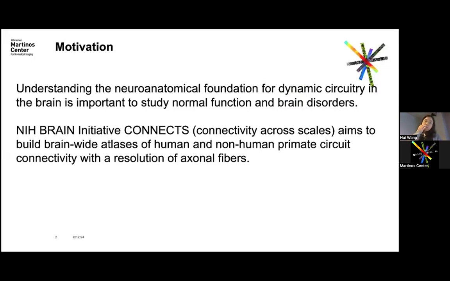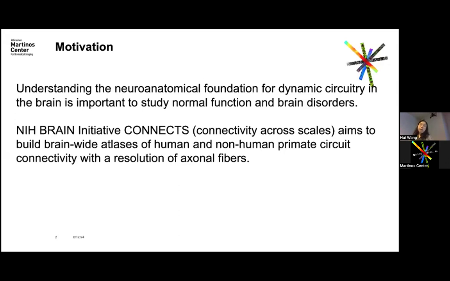Okay, so we all know at the center that understanding the neuroanatomical foundations for the circuitry is very important. It's important to study the normal functions and brain disorders because it all lays the backbone of the neuron communication.